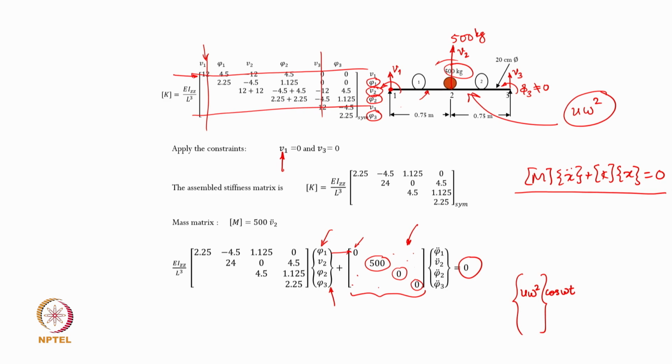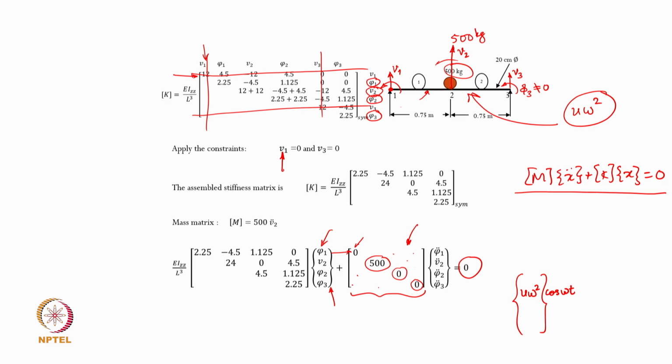Now, to evaluate that response, either in the free vibration case or a forced vibration case, you can again apply the modal analysis process to efficiently solve these large size matrix equations, and that is the power of modal analysis that can be handy for the solution process.